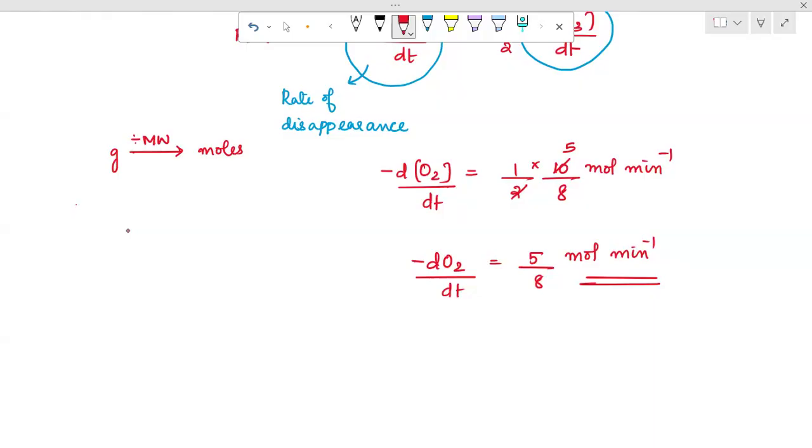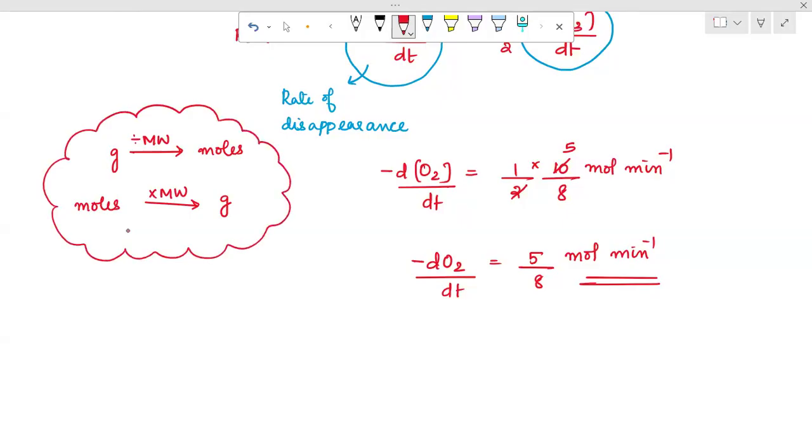Now we have to convert moles to grams, because in the options what you have is in grams, but the answer that you have got is in moles. So you have to come back to grams. If it was divided by molecular weight earlier, here you have to multiply it by the molecular weight. Very basics. Okay, this is what we'll do.